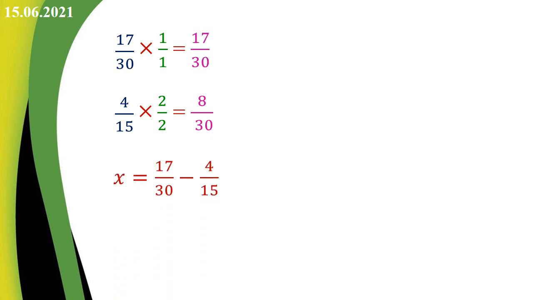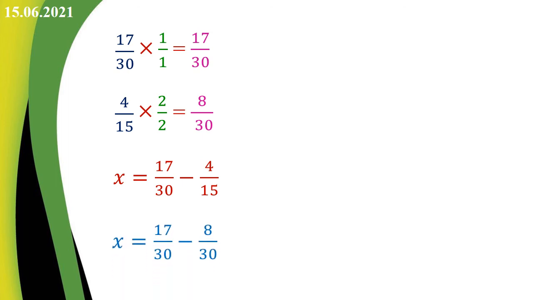The first rational number is 17 by 30, on multiplying by 1, 17 ones are 17, 30 ones are 30. We get 17 by 30. The second rational number is 4 by 15, on multiplying by 2, 4 2s are 8, 15 2s are 30. Now substitute the values. x equal to 17 by 30 minus 4 by 15.